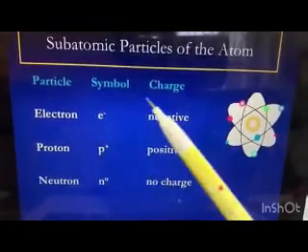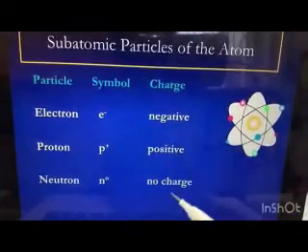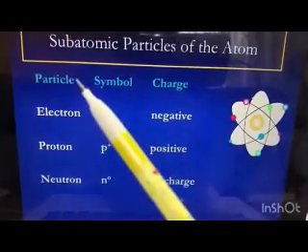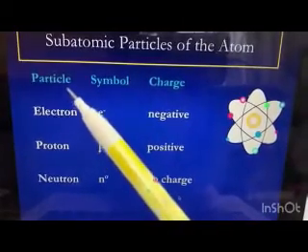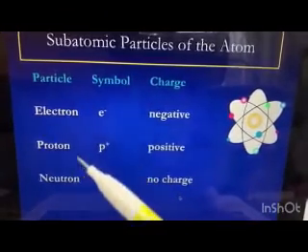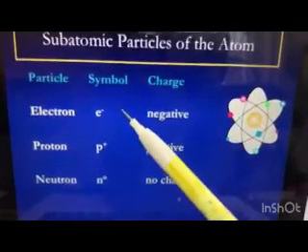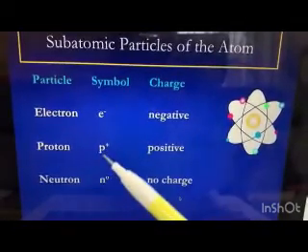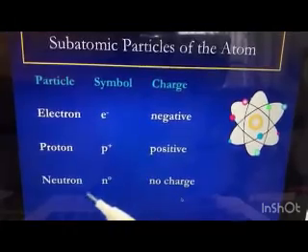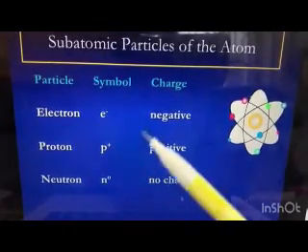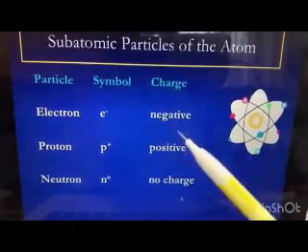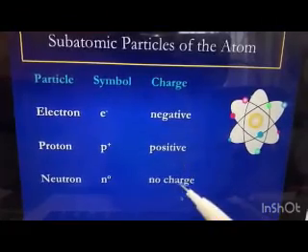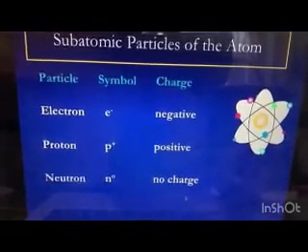What are these particles? What are their symbols and what charge do they carry? The particles include electron, proton and neutron. Electron with the symbol e negative, proton with the symbol p plus, neutron with a neutral 0. Electron will have a negative charge, proton will have a positive charge, and neutron will have no charge.